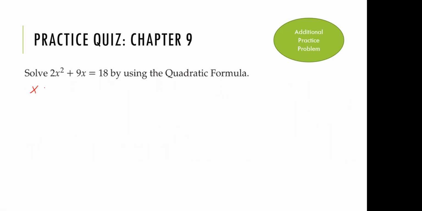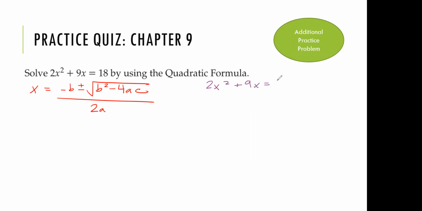So we're going to use the quadratic formula, negative b plus or minus the square root of b squared minus 4 times a times c all over 2a. First, I have 2x squared plus 9x equals 18. It's not in standard form yet, so I want to write it in standard form. So I have 2x squared plus 9x minus 18 equals 0.